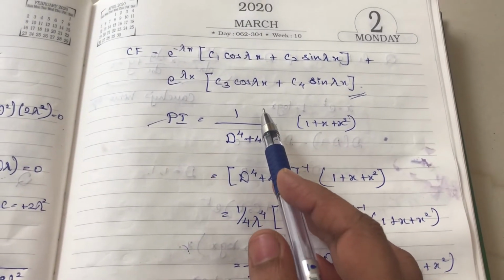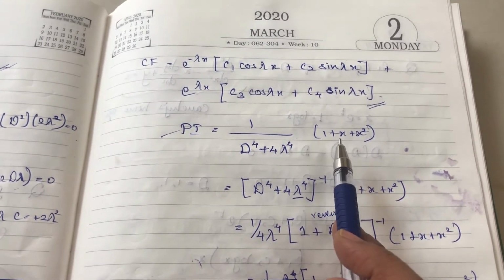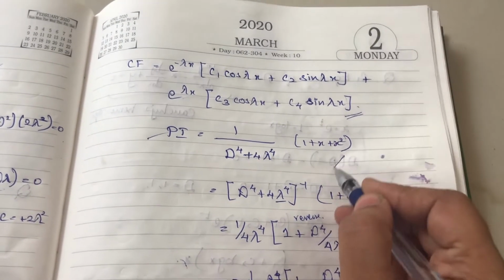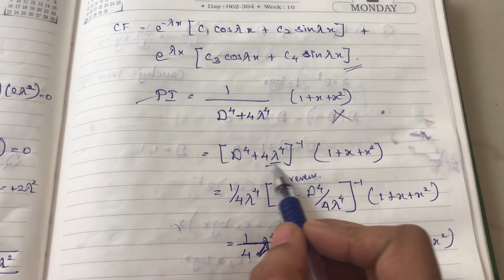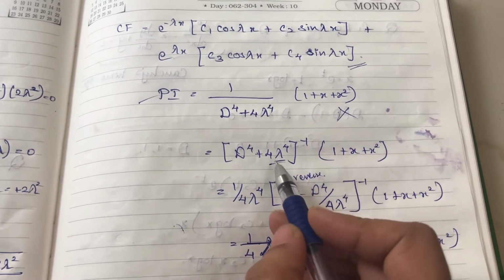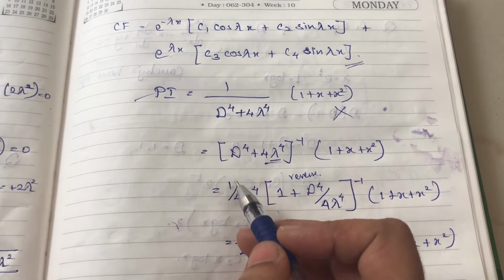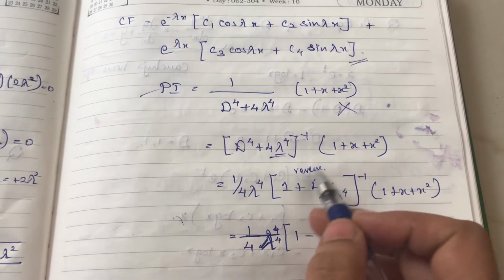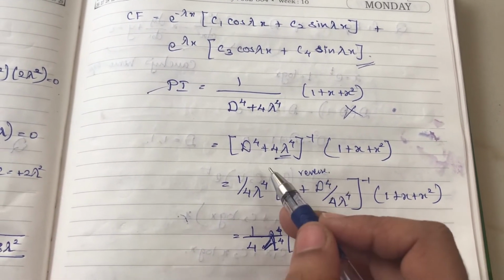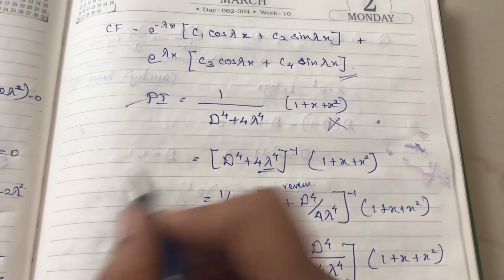What is the PI? Just write this equation in the reverse order, as 1 by the left hand side operator into the 1 plus x square term. You can see the last term here is 4 lambda power 4, so I am taking 1 by 4 lambda power 4 outside. We need to write it in reverse order.